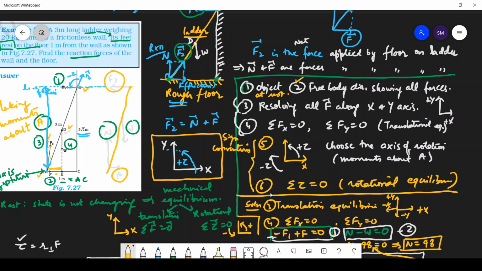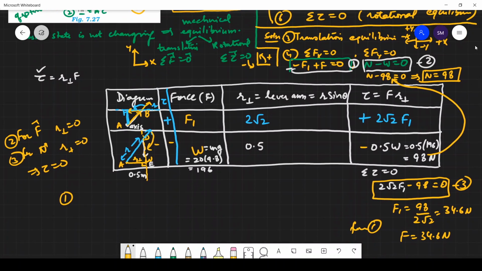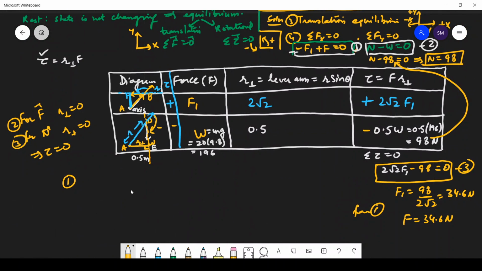F1 you have calculated, 34.6 Newton. And now what is F2? These are the forces, this is the frictional force and this is the normal force, and the resultant of these was your F2. So this is your F2.